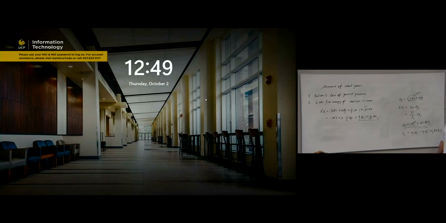And then what's the total free energy of the gas? The total free energy of gas simply equals to sigma I Ni mu I. This one equals to G naught plus sigma I Ni RT log Pi.